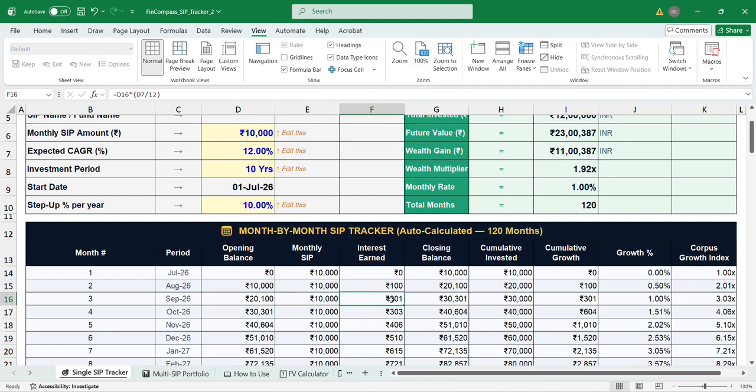The return from the previous month's accumulation, 1% of this total amount, is 201 rupees. Adding all these three things together makes our final closing balance 30,301 rupees, which gives 1% growth.